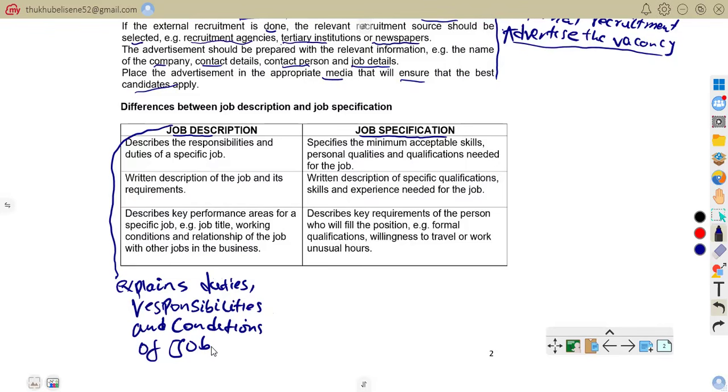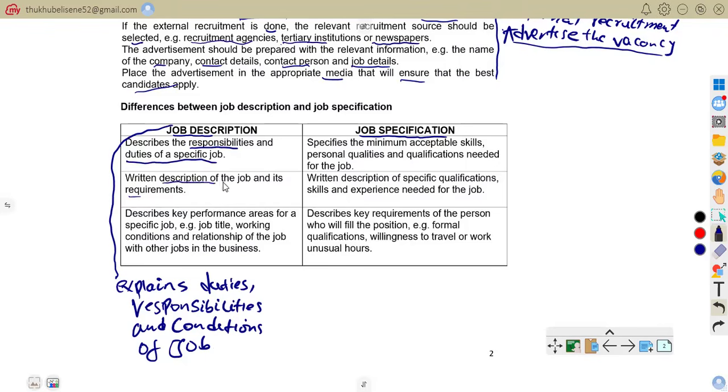For example, a driver must transport goods, keep logbooks, and maintain the vehicle. Those are the duties of a driver. That is his or her job description. As it says here, it describes the responsibilities and duties of a specific job. It is a written description of the job and its requirements.